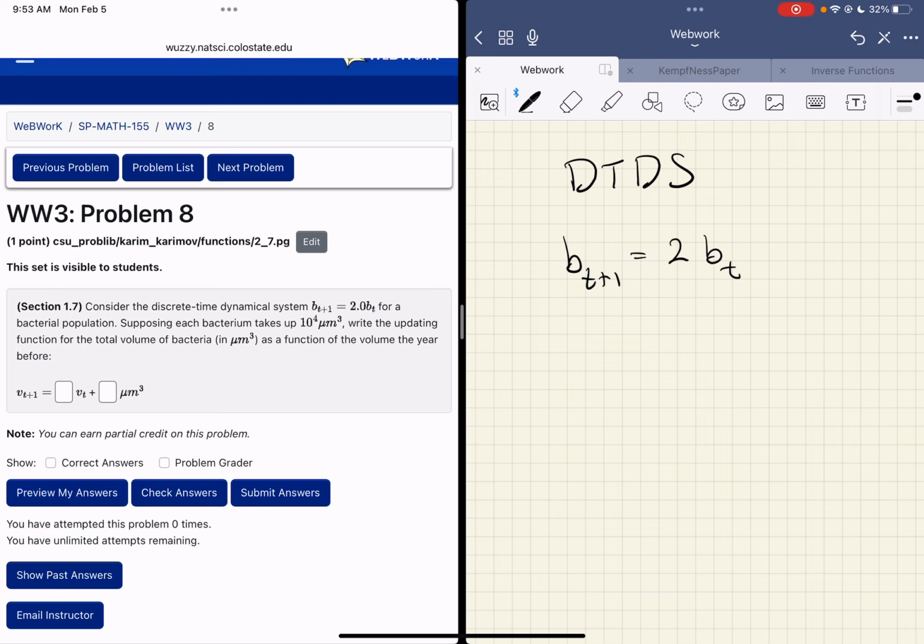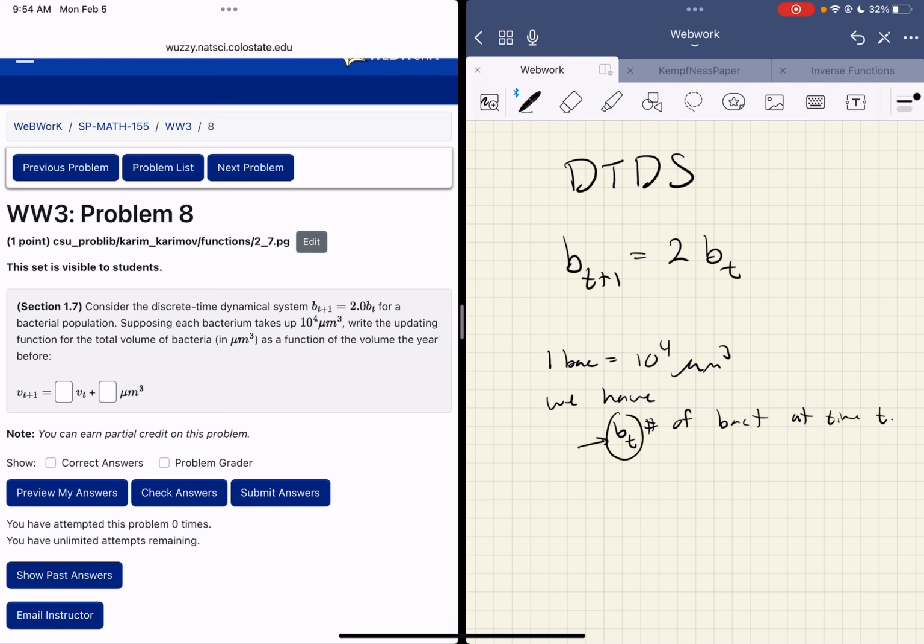All right, and each bacteria takes up 10,000 micrometers cubed. Write an updating function for volume. Well, so 1 bacteria is equal to 10 to the 4th micrometers cubed, okay? And we have B sub t number of bacteria at time t.